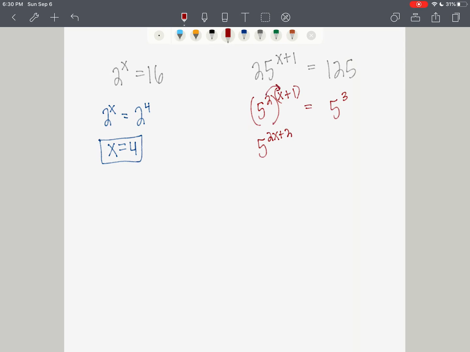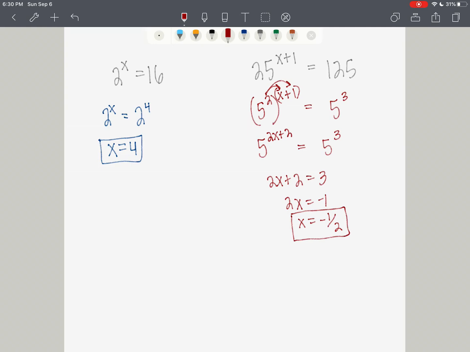That's right, you're going to multiply, and that 2 gets distributed, equals 5 cubed. Now that they have the same base, the exponents are set equal to each other, and we get x equals negative 1/2. No need whatsoever to pick up a calculator.